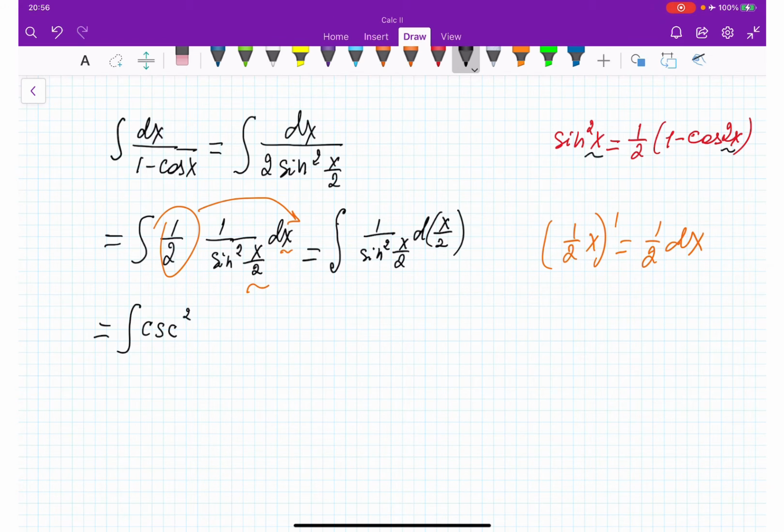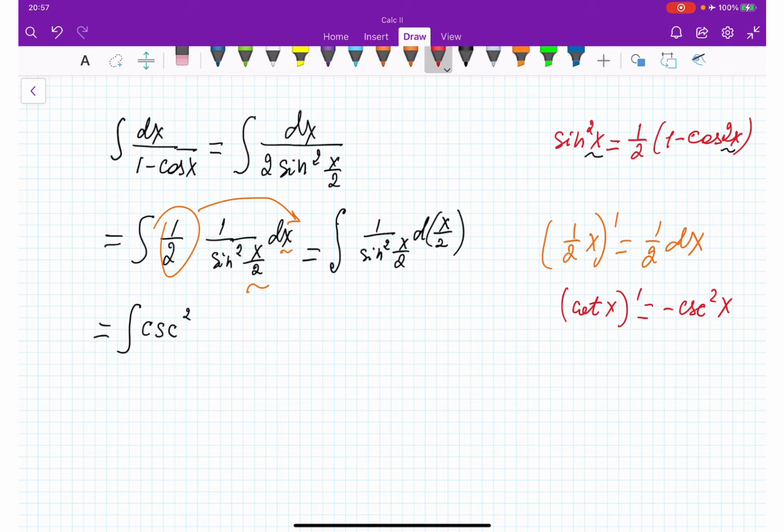Why am I doing this? Because we have the integral of cosecant squared, but we don't have the integral of 1 over sine squared. That's why. Because the derivative of cotangent x is negative cosecant squared x, right? And 1 over sine squared x is cosecant squared x, right?